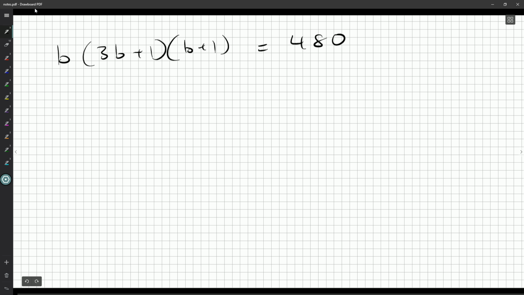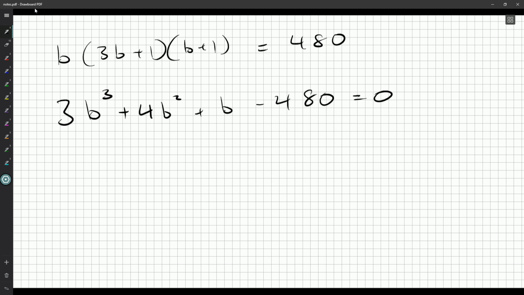Is there a particularly nice way to go about doing this? 3b cubed plus 4b squared plus b minus 480 equals 0, I guess.